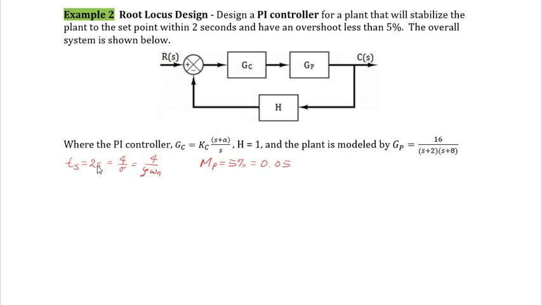Now, in the previous problem, we were just given this, S equals negative 0.25 plus or minus j 0.25. And that was just provided to us. We were given no reason why that was chosen, but it was given to us, and so we used it.